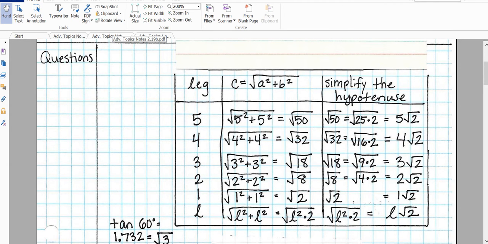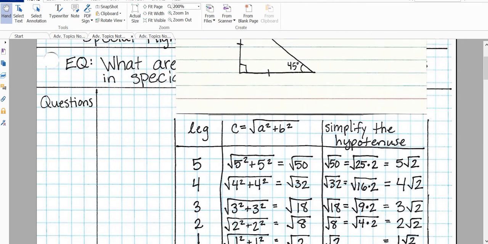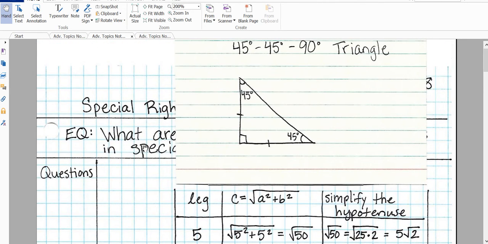So what I did is I left my card down and traced around it to create the perimeter around the outside of that table. And then we have 3 columns. The first column is labeled leg, and then we have c equals the square root of a squared plus b squared. That's our second column. And then our third column is titled Simplify the Hypotenuse.